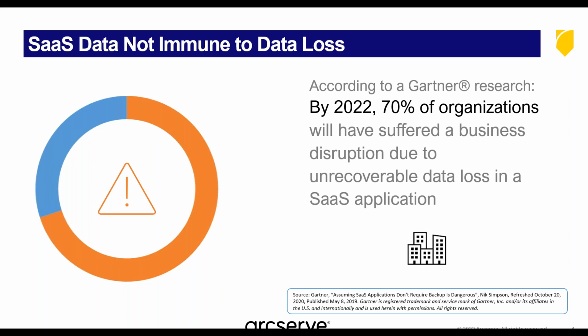According to this research, by 2022, which is by the end of this year, 70% of organizations will, to a certain extent, suffer some business disruption due to unrecovered data loss in their SaaS application. We also see statistics in the last couple of years of reports on losing SaaS data.